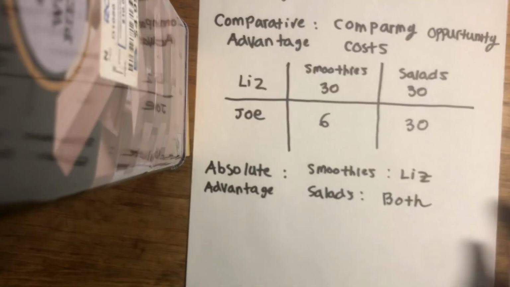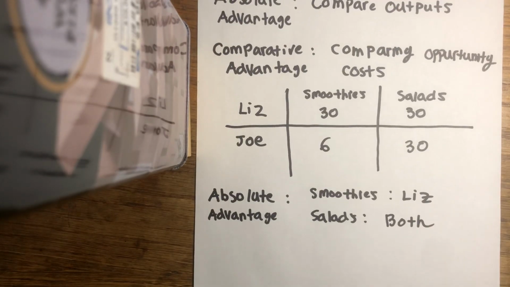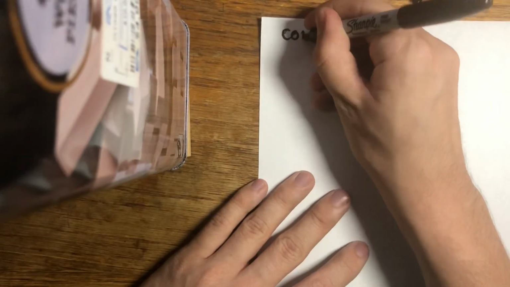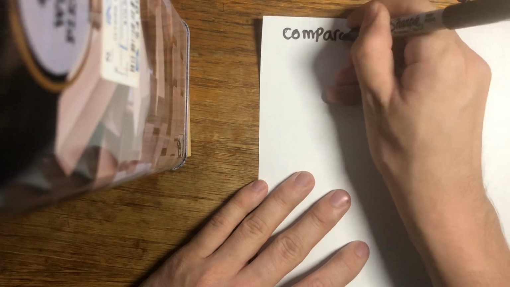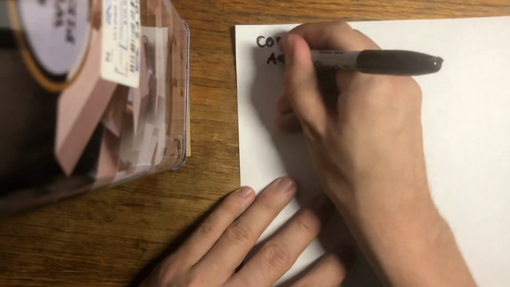Now moving on, we also have comparative advantage. So now we're strictly looking at comparative advantage. This is where a little bit more work is required to calculate the opportunity costs.